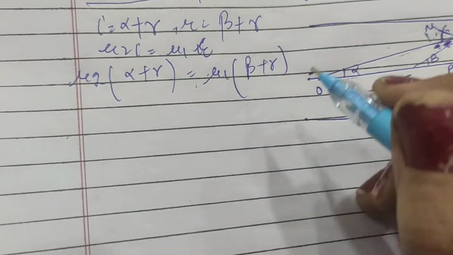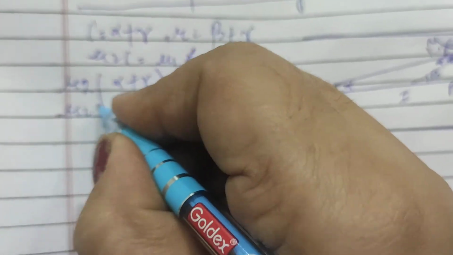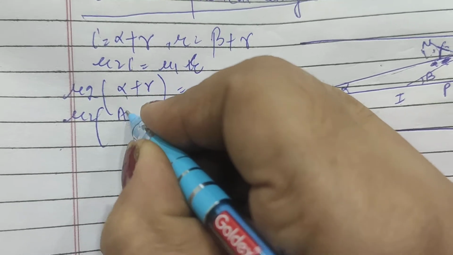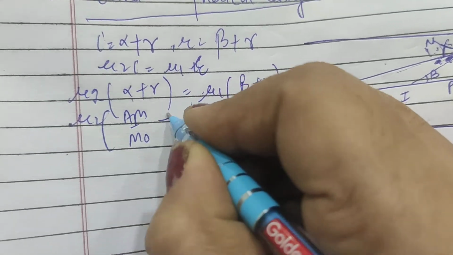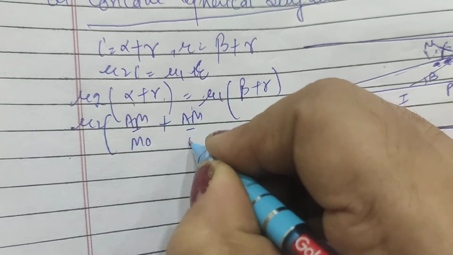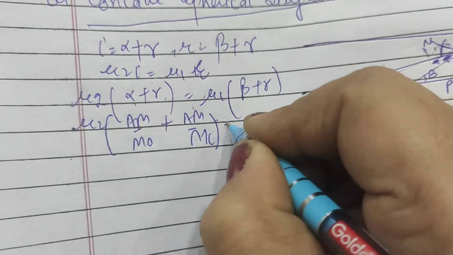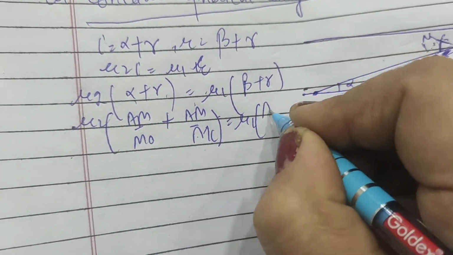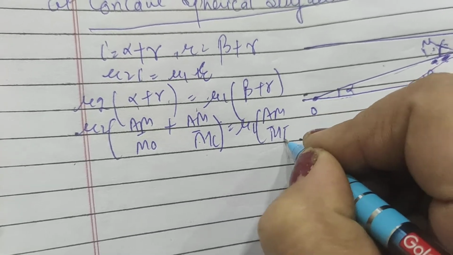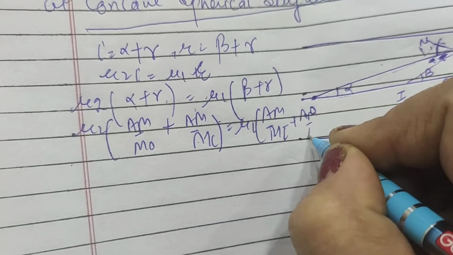Now using the property theta is equal to l by r, we can write mu2 times alpha for the object, so AM by MO, plus AM by MC, is equal to mu1 times beta, AM by MI, plus AM by MC.